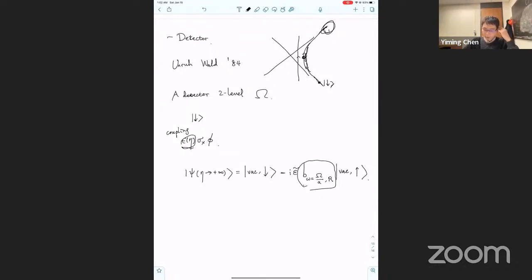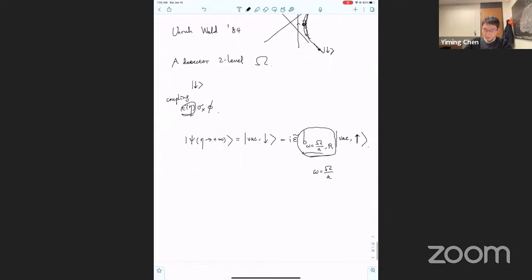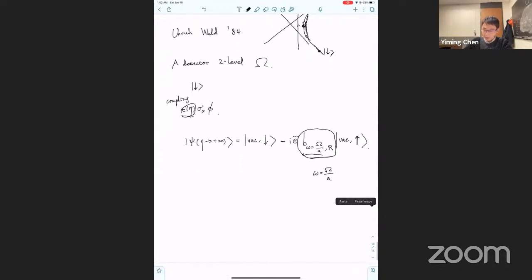So a particle gets annihilated from the environment, and my spin becomes an up state. And the frequency of the annihilation operator, you can work it out. It is given by omega divided by a. Again, this factor omega is simple to understand. It's just because I need energy omega to change my spin from down to up.